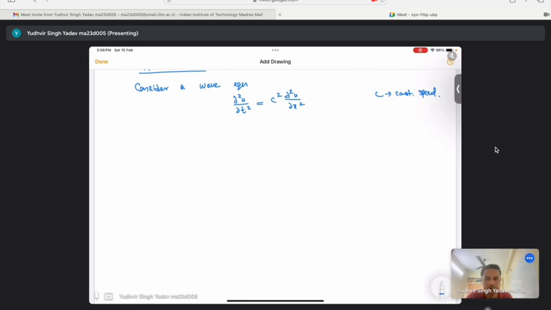And the associated initial conditions and boundary conditions are as follows. Initial conditions are u(x, 0) equals f(x), and the other one, del u by del t equals g(x).